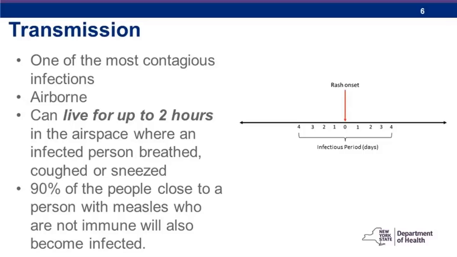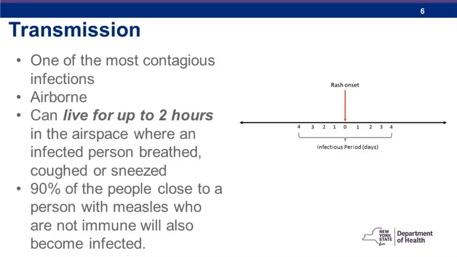So let's say they got in that ambulance at 10 a.m. Anyone who comes into the space where they had been until noon, up to 2 hours after they left, could still catch measles from the virus they've left floating in the air.